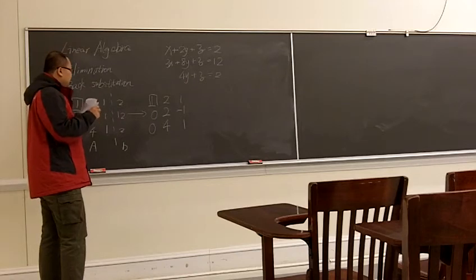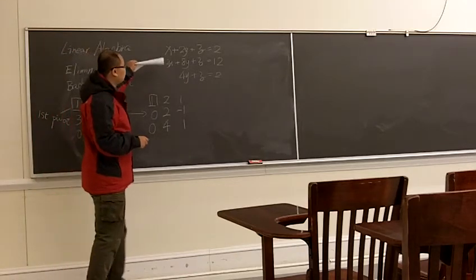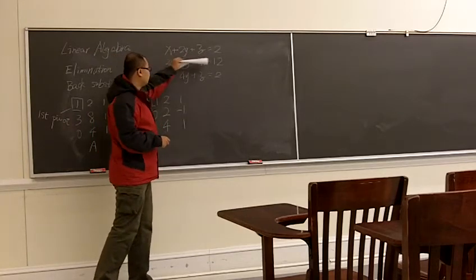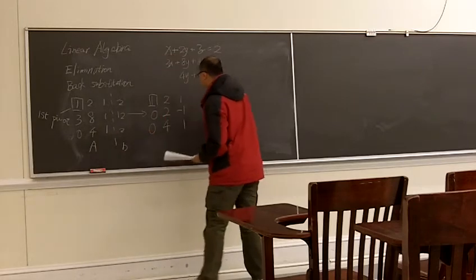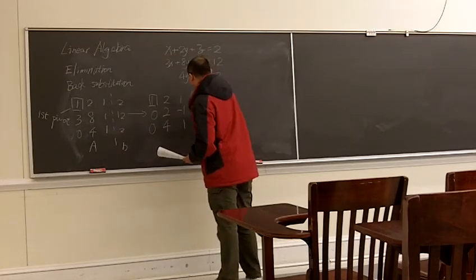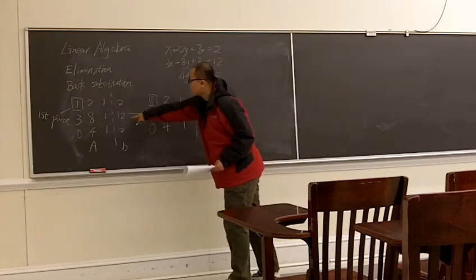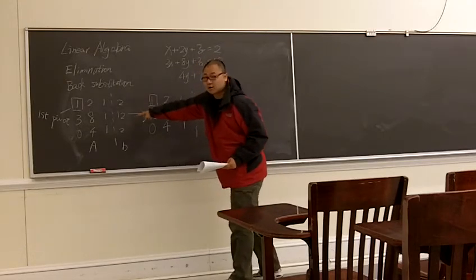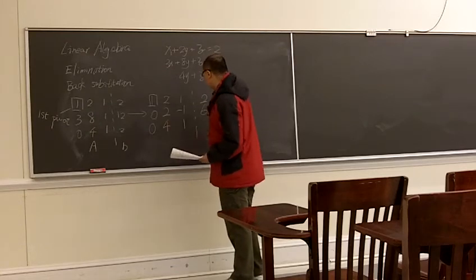When I do the operation on the equation, we should do the same operation on both sides. So 2 stays the same, and we do the same thing: 3 times 2 away from 12. It should be 6 and 2.